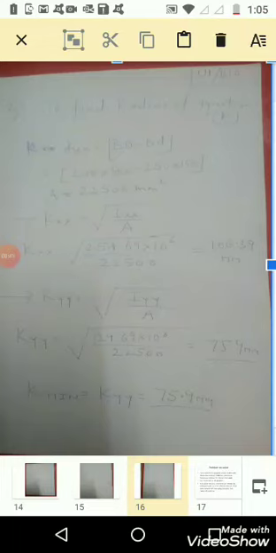Similarly, Kyy is equal to under root Iyy divided by A, which is under root 129.69 into 10 raised to 6 divided by 22500, which is equal to 75.9. So K minimum is equal to Kyy is equal to 75.9. Next slide.